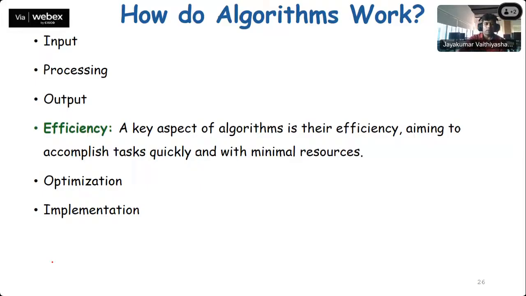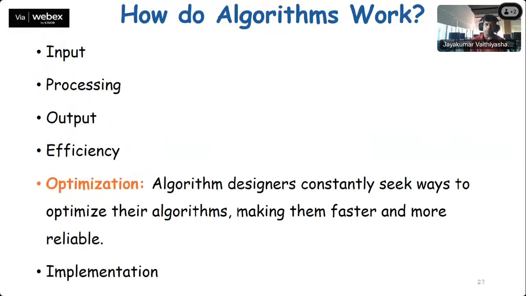Okay. Once they got efficiency, they need to optimize more and more. So algorithm designers constantly seek ways to optimize their algorithms, making them faster and more reliable. Most software companies do this rigorously to retain their market share. Okay.